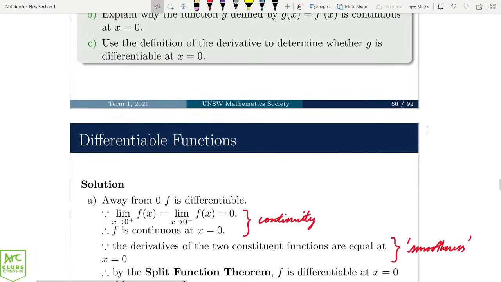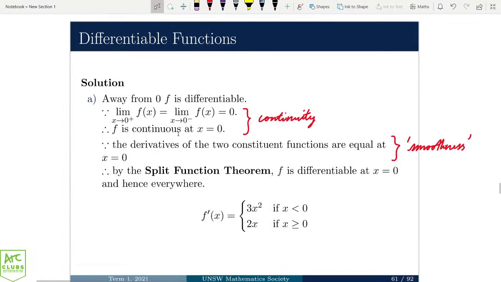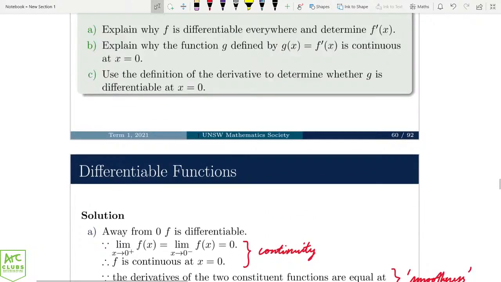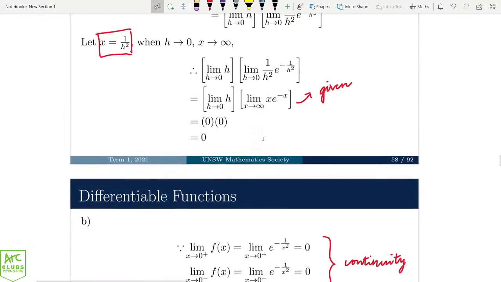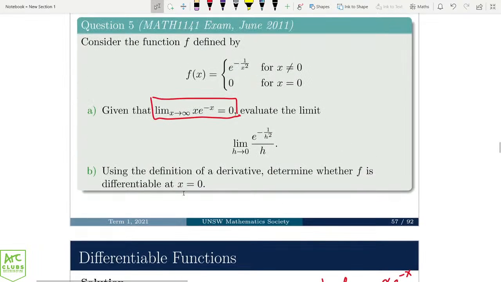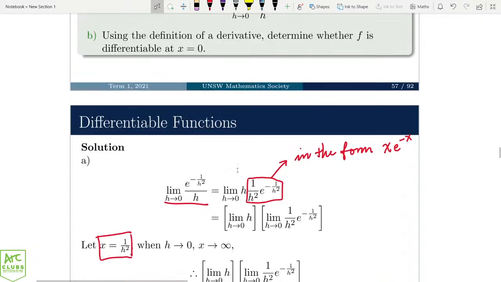What we can do, as we did in our previous question, question 5, is first prove that it's continuous at the boundary point, and that it's smooth at that point as well. Firstly, because our question is asking why f is differentiable everywhere, that's a bit different to our previous question, where we only asked whether f is differentiable at one particular point, x equals 0.